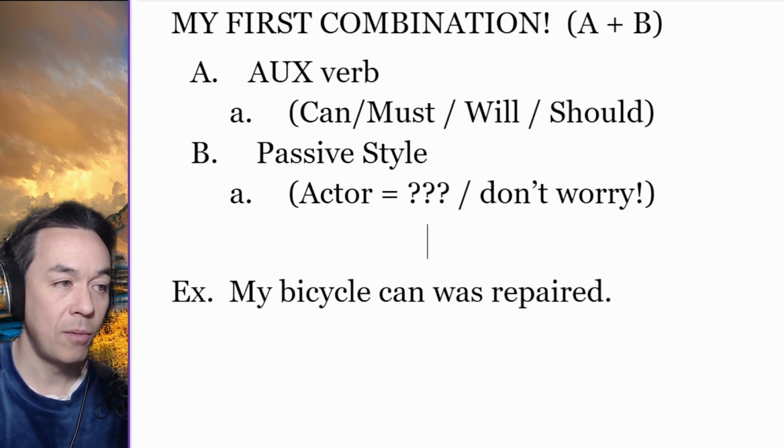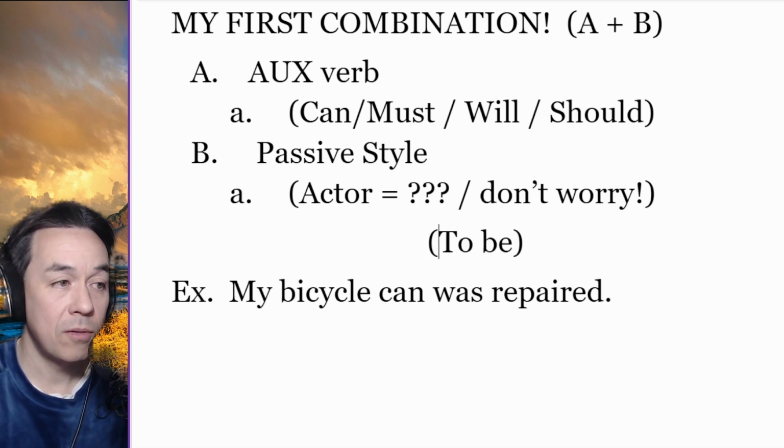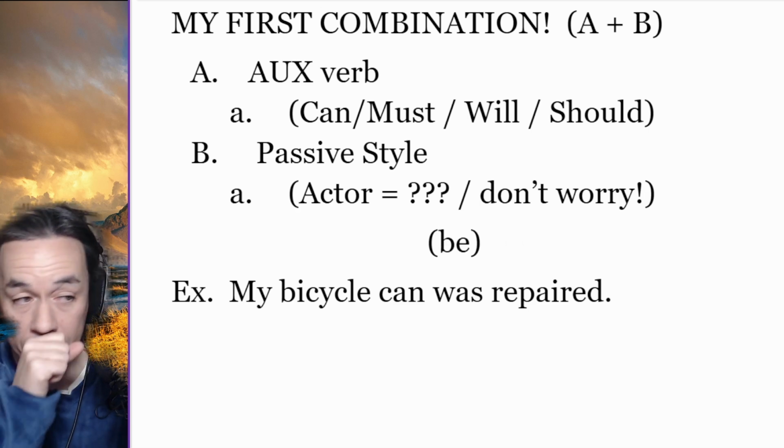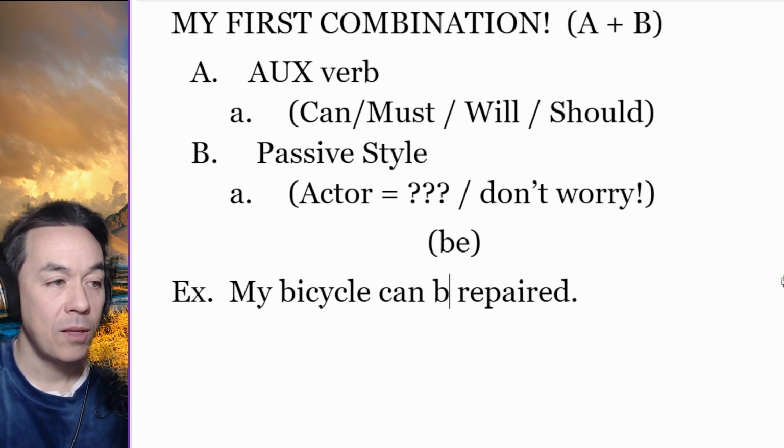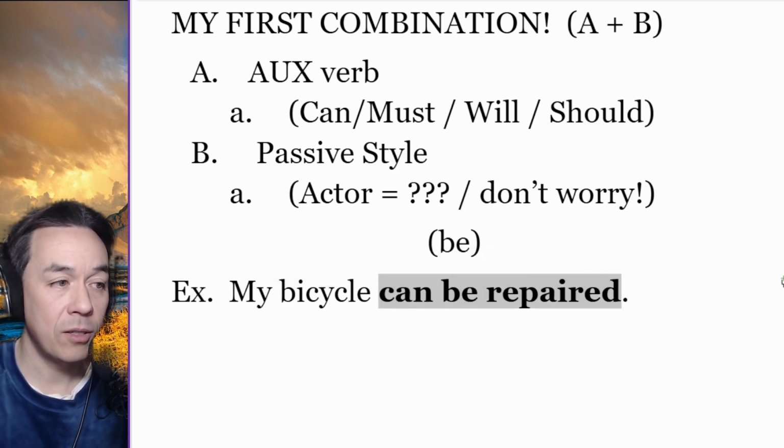The next verb, which is to be, becomes the base version, which means the to is cut. Okay, so let's use this. Let's put this be in here. Can be repaired. Okay, so now you have a combination.